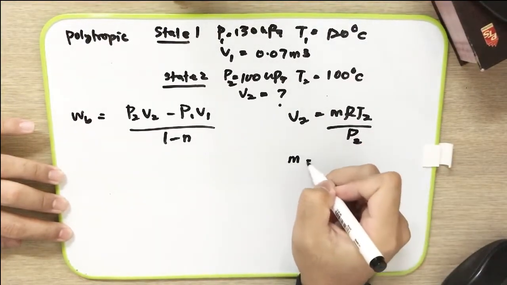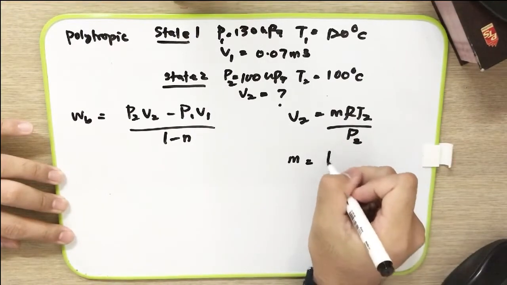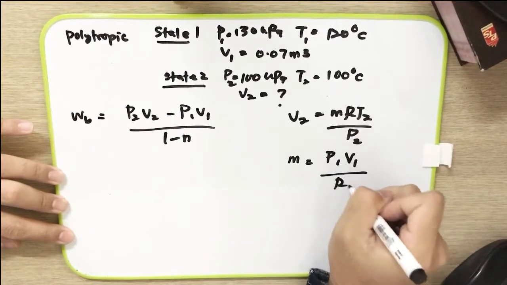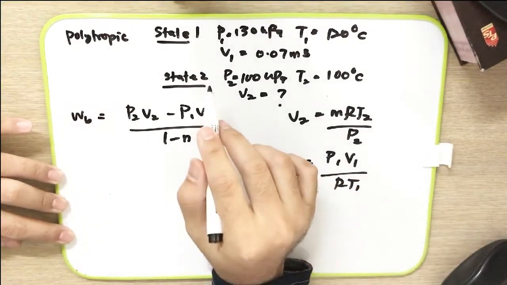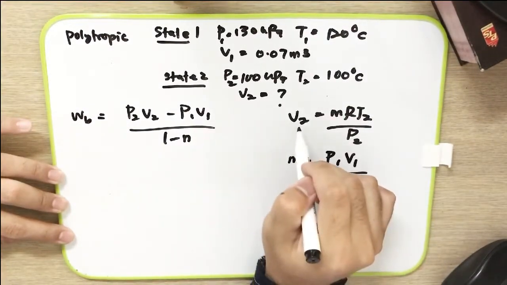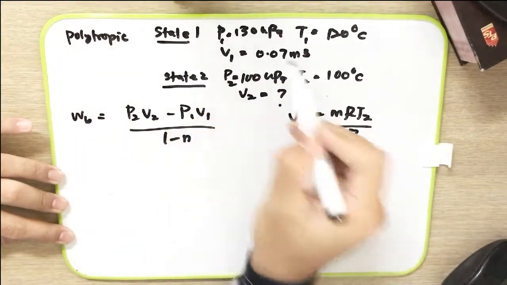Mass we can also find by using the ideal gas equation, which is m is equal to P1V1 over RT1. The mass will not change regardless of how many states we have. The only change is the volume. So mass we can find by using info from state 1.